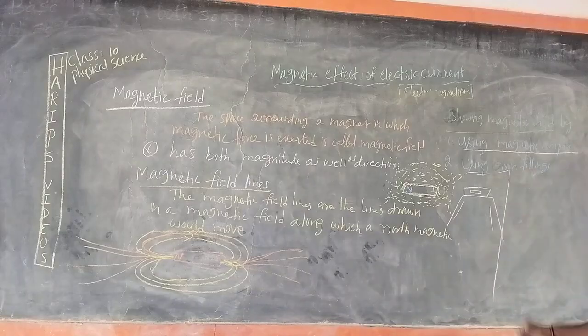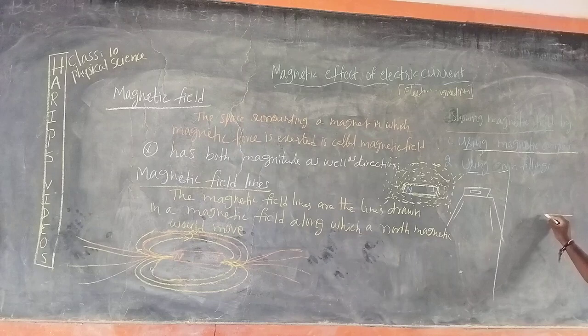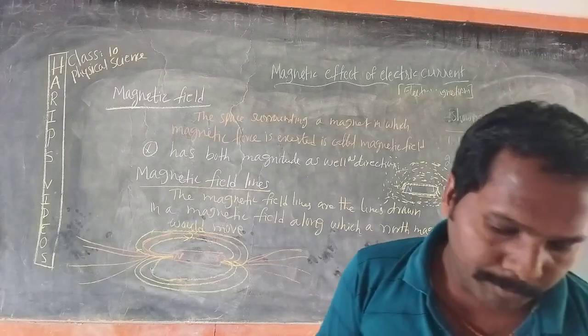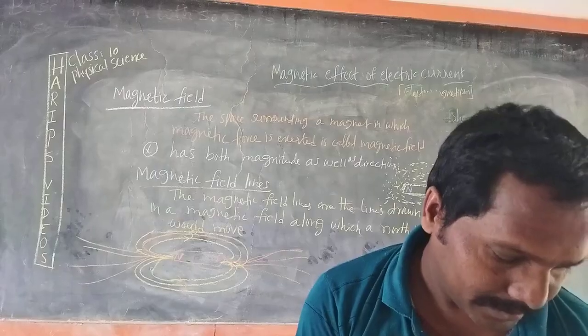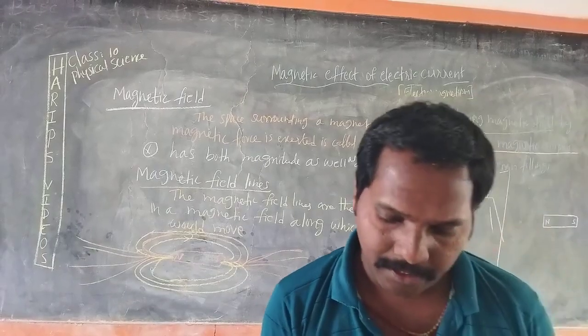On a table, we place a bar magnet on the paper. We can place the bar magnet like this, and take a bar magnet.